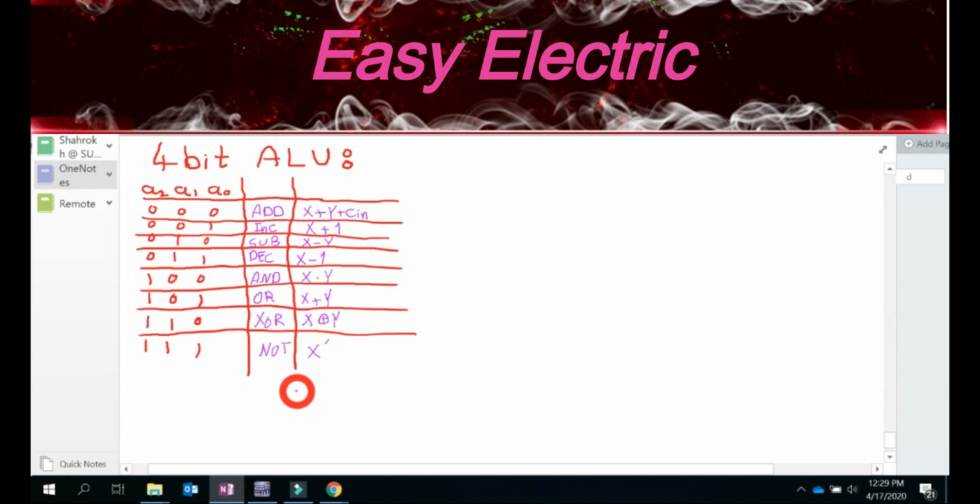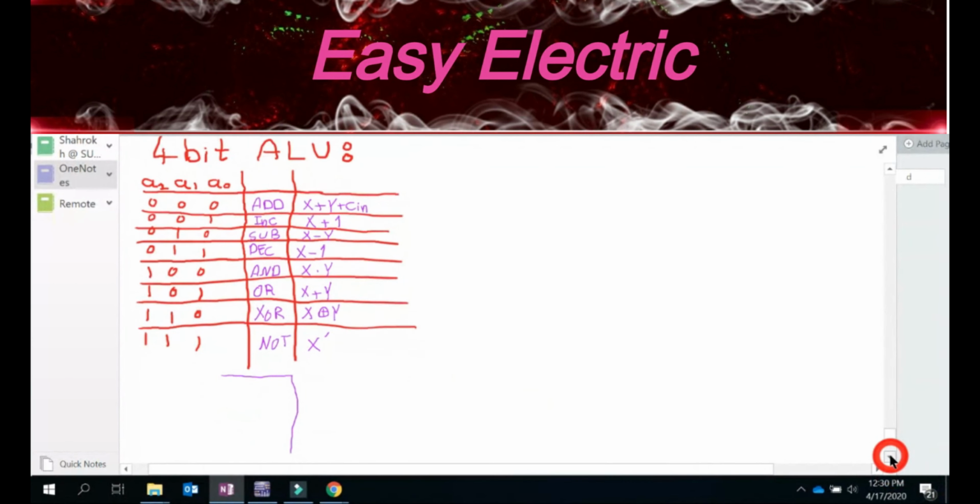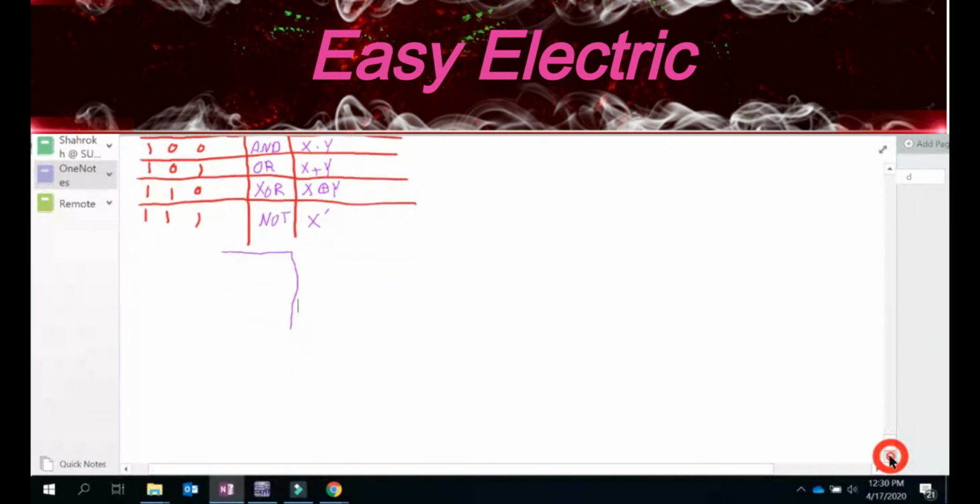Okay. So if I make a unit here, I want to understand how many inputs and how many outputs my module should have. I just extended these and made something like this. If I consider this as a 4-bit arithmetic logic unit, how many address bits should I have?